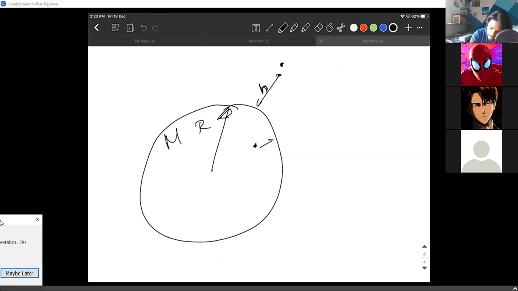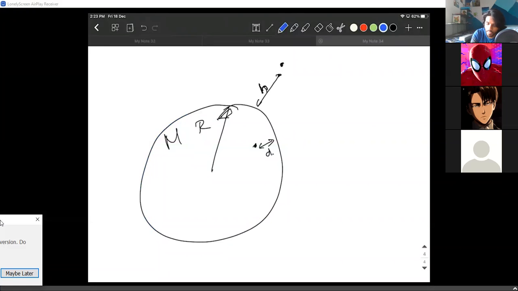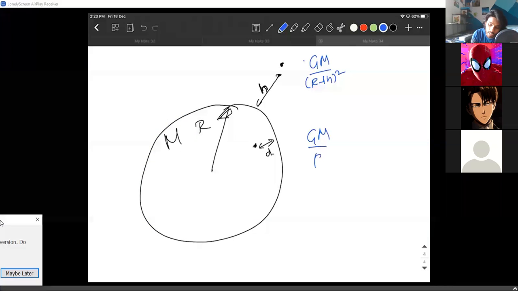This point is at a depth d. At a height h, the field is nothing but GM by (R plus h) whole square. At a depth d, the field is nothing but GM by R cube into this separation. Remember, that value is nothing but capital R minus d.